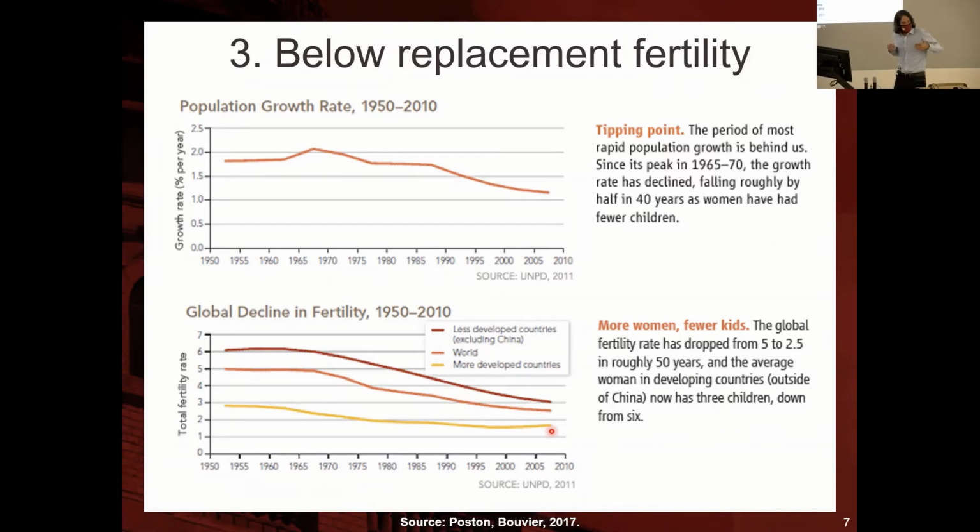But because they postpone their fertility into later ages, they're going to have fewer years to reproduce. So maybe they want to reproduce more, but they won't have enough time because of biological reasons.